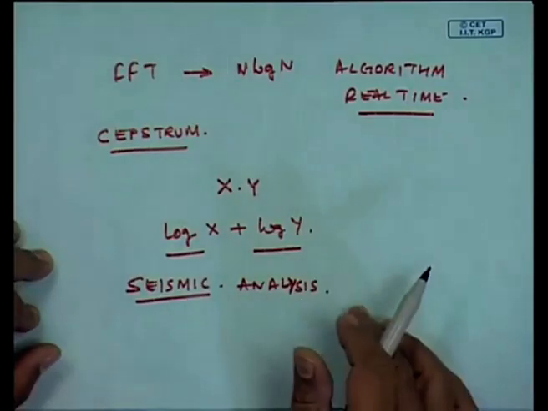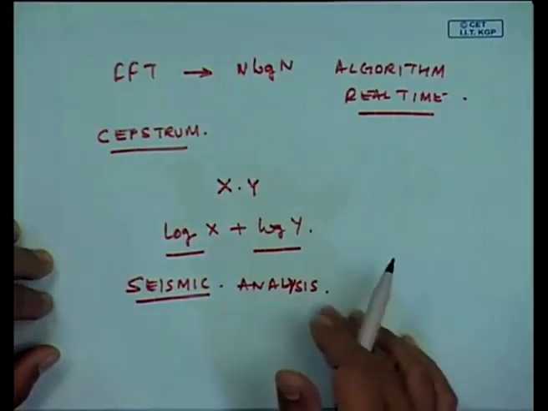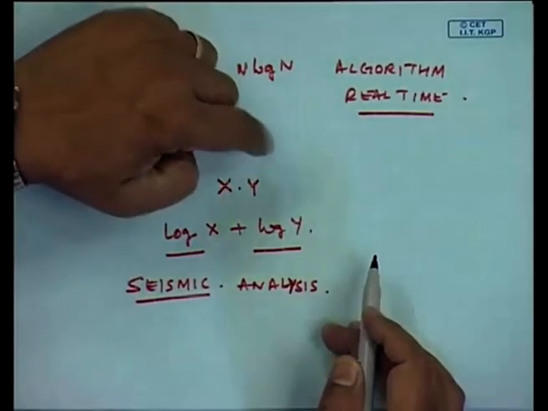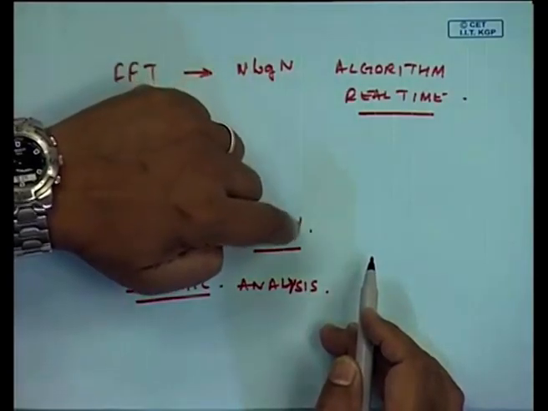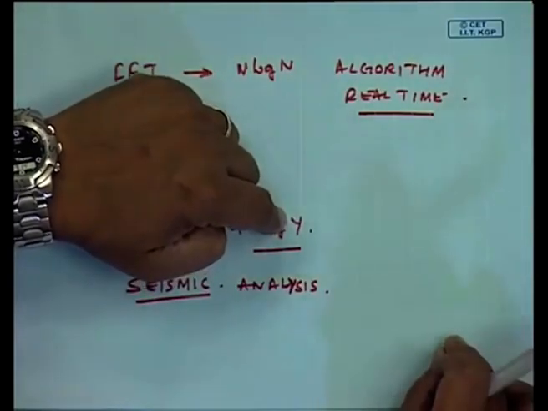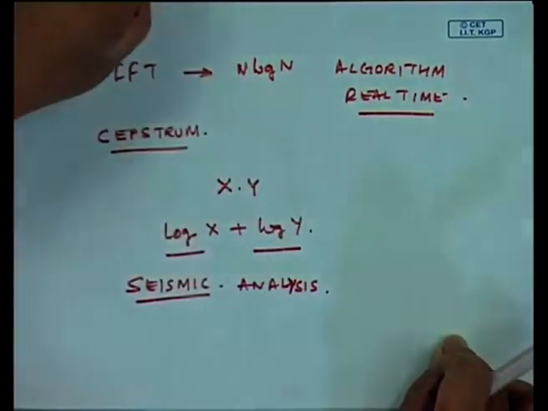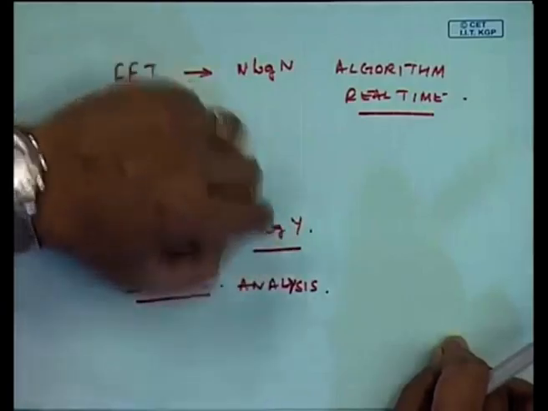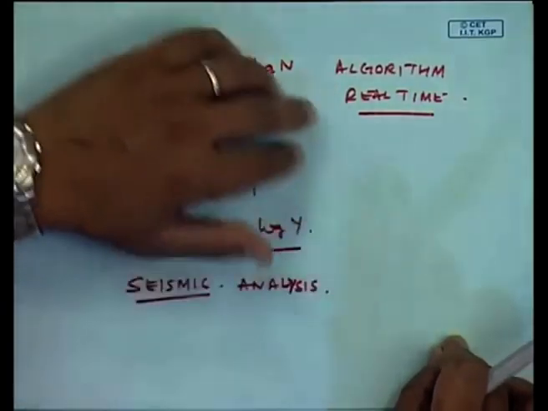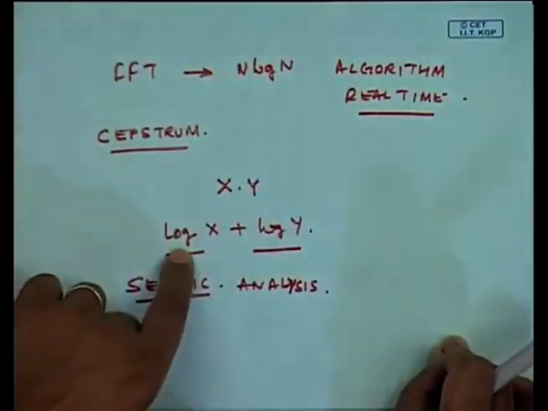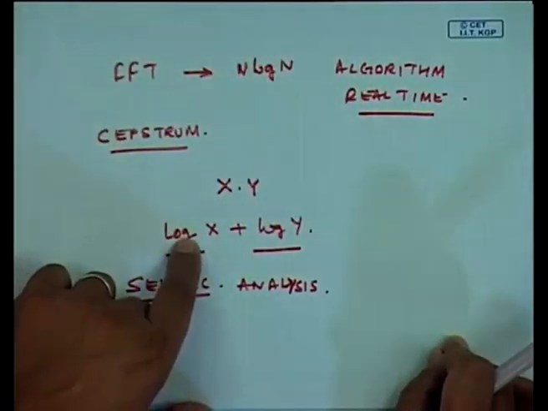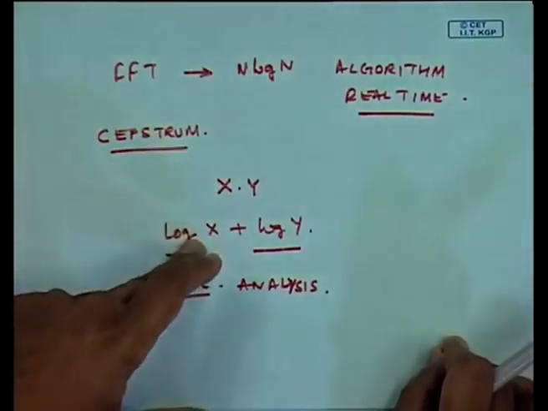because if an earthquake occurs, the signal which is recorded by us is signal x times signal y. Y could be because of the path from the epicenter of the earthquake to the location where your transducers were put. So, these effects could be added and removed, and their effects can be eliminated once you do Cepstrum analysis, because of the property of logarithm. Okay.